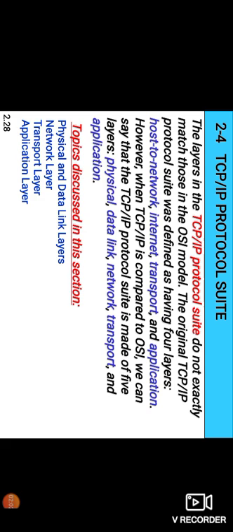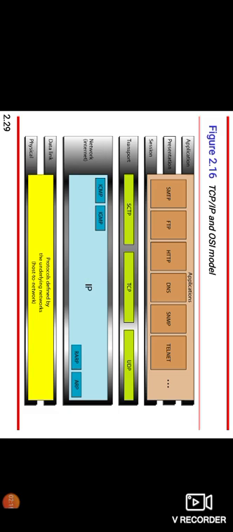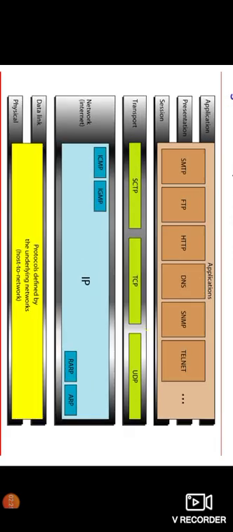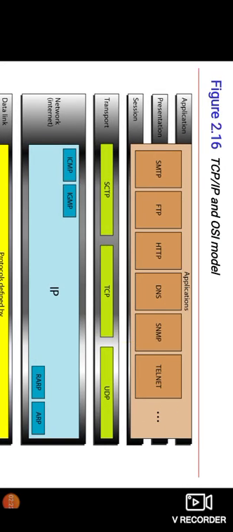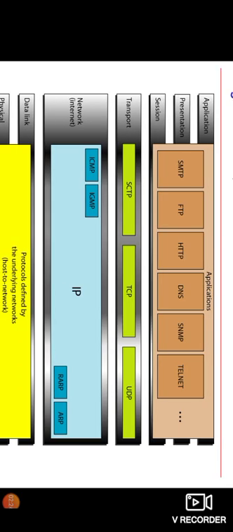So actually we can say that the TCP/IP protocol suite contains 5 layers: the physical layer, data link layer, network layer, transport layer and the application layer. These are the comparison of TCP/IP and the ISO OSI model.